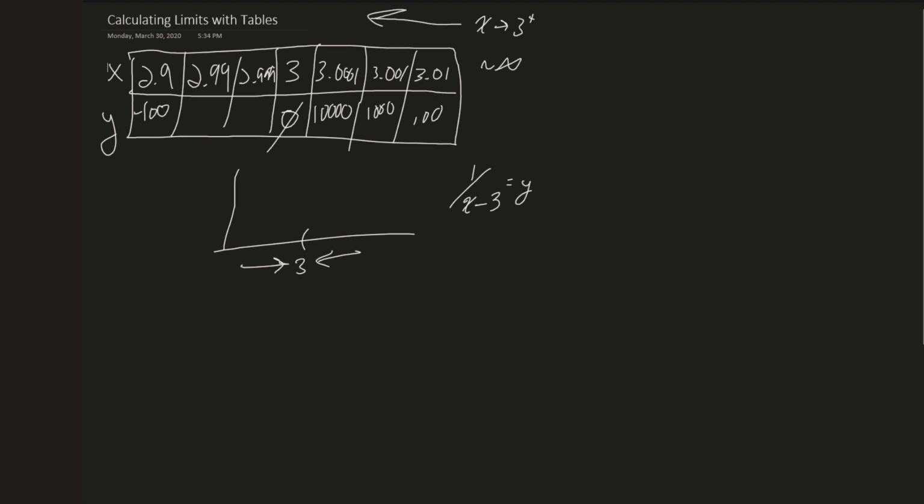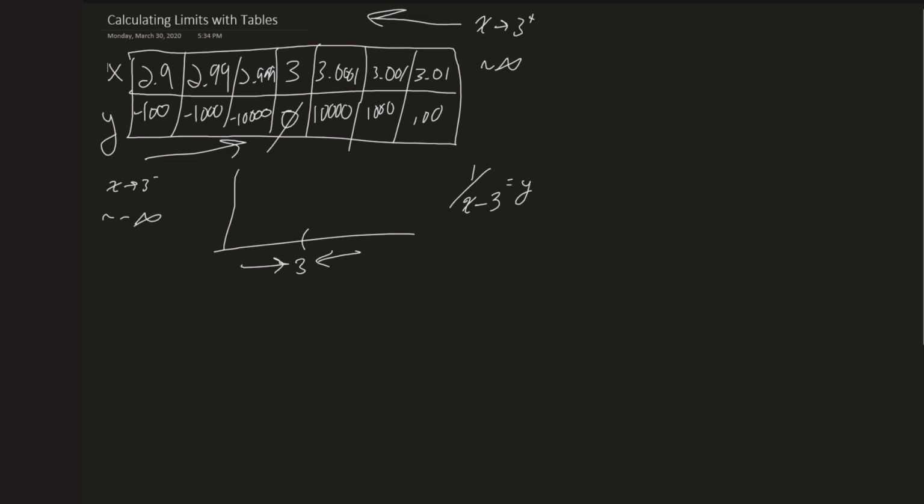This could be negative 1000, just like the other side. And you will see some degree of symmetry here. And this could be negative 10,000. So, as a result, we can see now that as x approaches 3 from the left, we appear to be getting closer and closer to negative infinity. The value is getting very, very small.